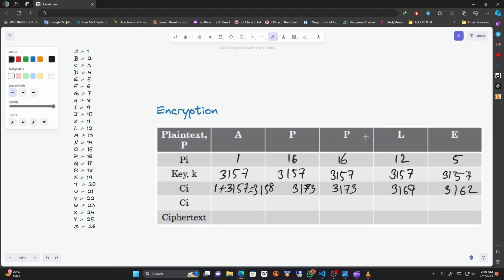Now, we previously saw that all our ciphertext index values are in the range of 1 to 26, so we can directly get these values from a to z.